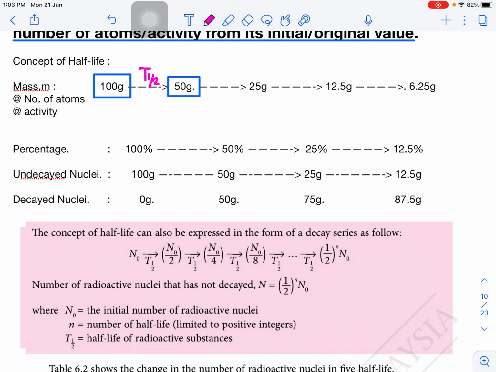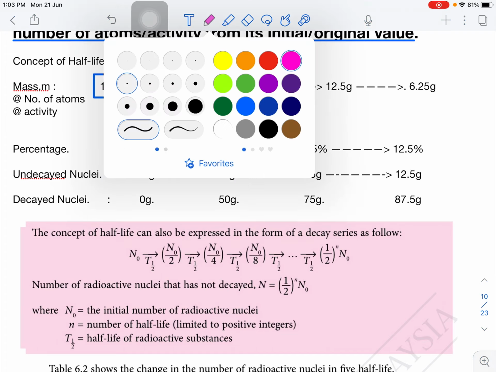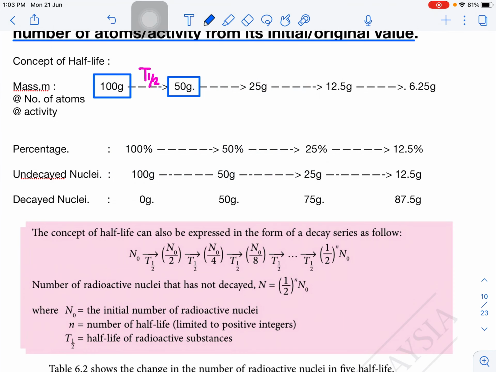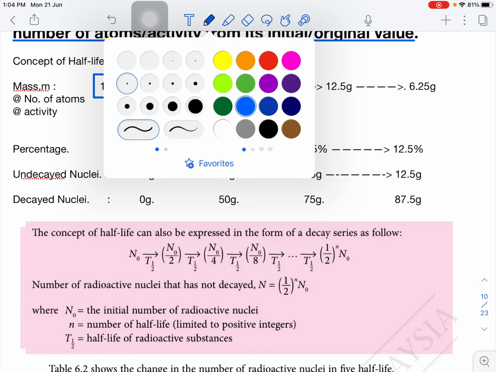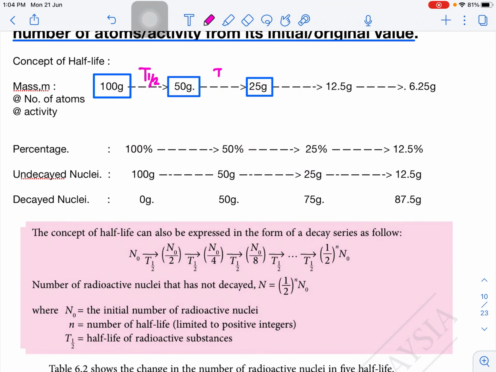And the process continues. From 50 gram, how long does it take to become half of 50 gram? Half of 50 gram is 25 gram. The time taken is also known as half-life. From 25 gram to become half, that is 12.5 gram.